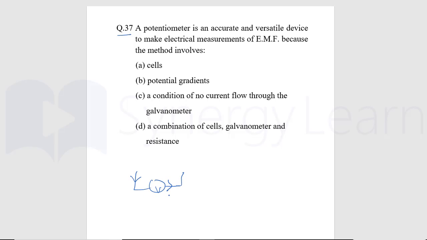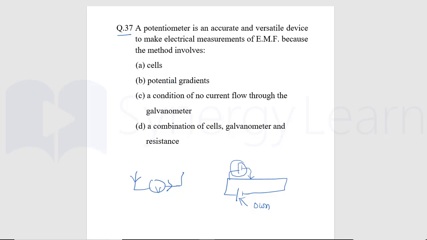They do not have their own cell. But a potentiometer has its own cell. So whatever EMF we have to measure, we measure it using the null point. That is a state in which it draws no current from the cell because it has its own cell.